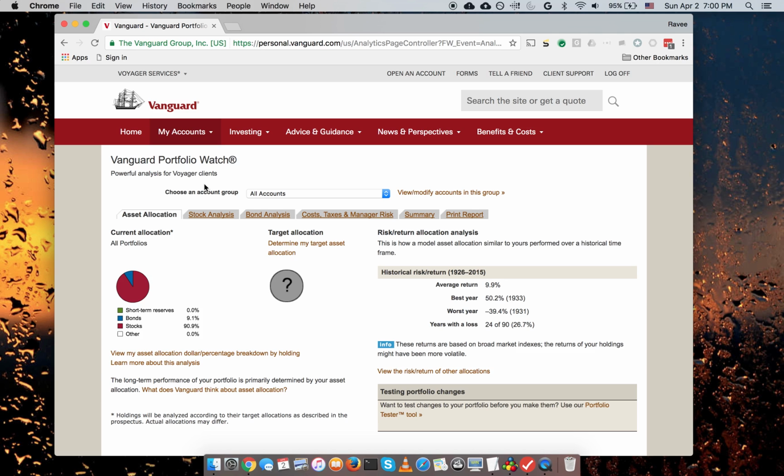Portfolio basically is the sum total of all the securities that you have bought. So a security could be a stock, a bond, money market funds, or even mutual funds, index funds.